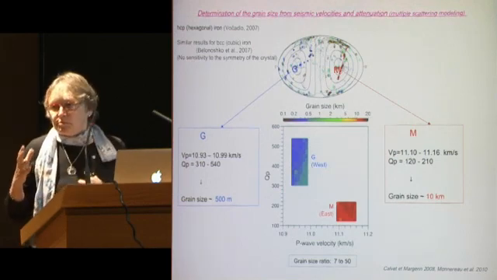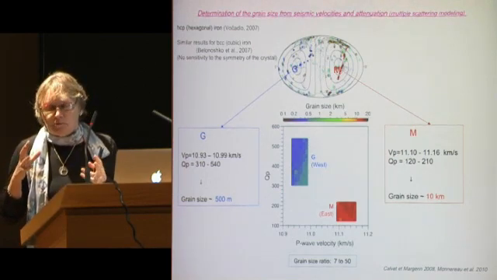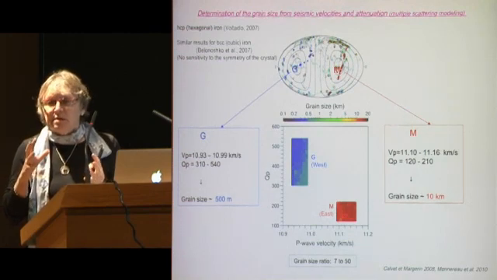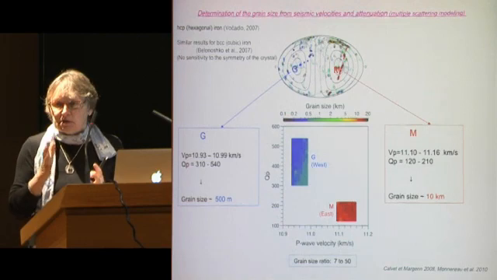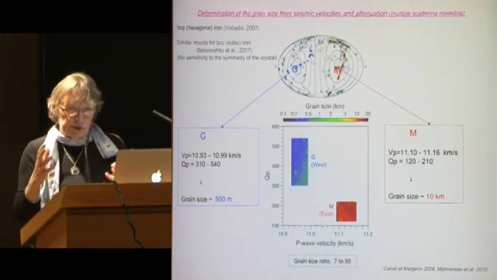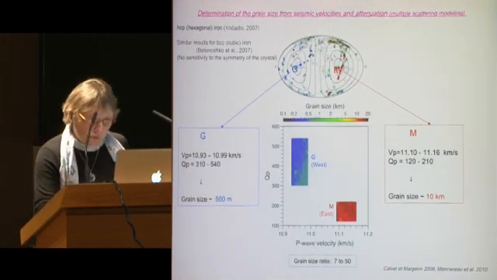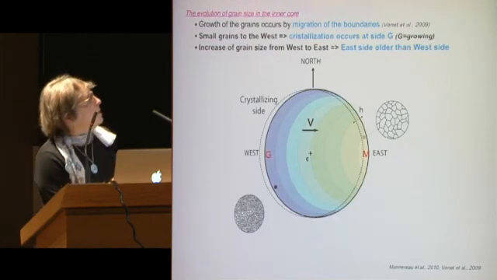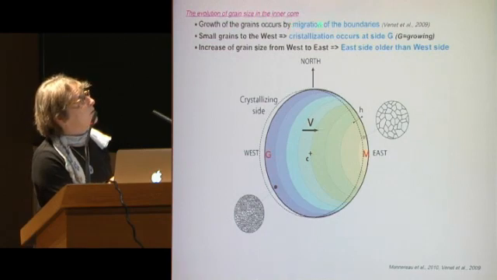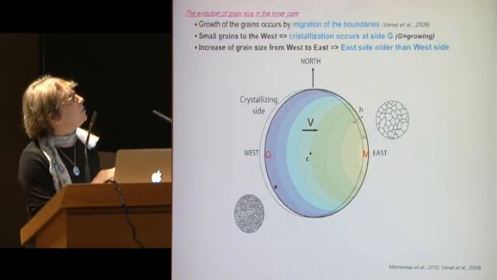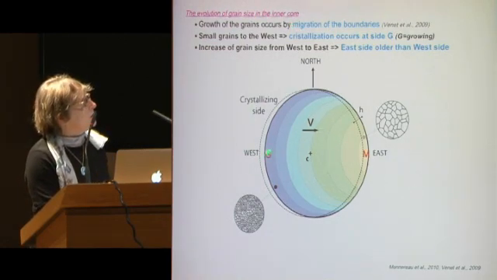This is because you have this principle of minimum energy, so there is a tendency to decrease the energy at the grain boundaries, which is minimum when the grains grow. So here you have this growth of the grains by migration of the boundaries, as I told. Small grains are here, big grains are here.